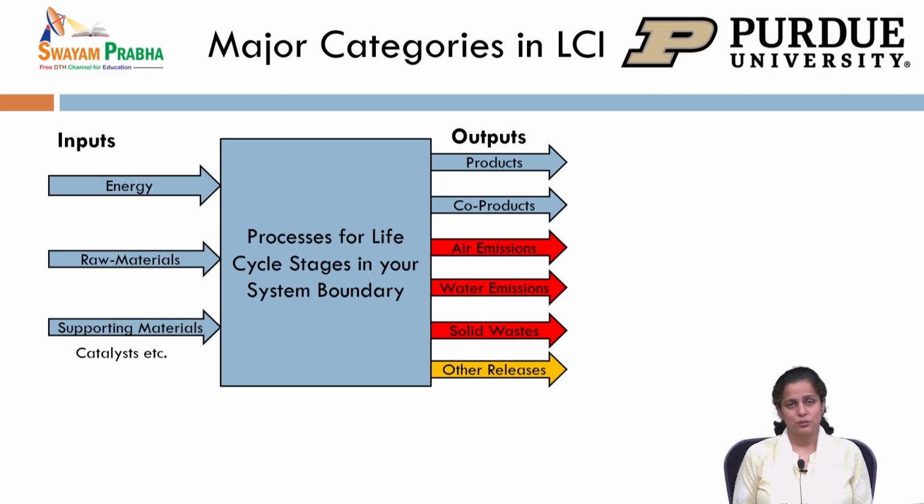Then it depends on how those other releases are being treated, whether you want to allocate impact to it or you want to take care of the treatment or handling of those other releases. So, when we start collecting our life cycle inventory, when we look at the processes, these are the major categories that we focus on, and if any category is missing information, we really need to drive our focus into that category to see how we improve the data collection in that category.